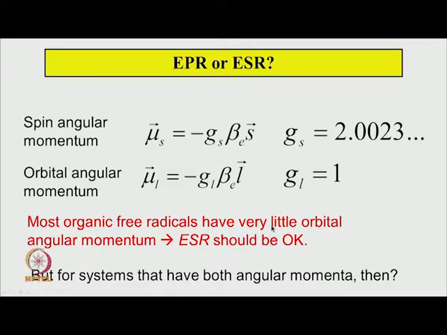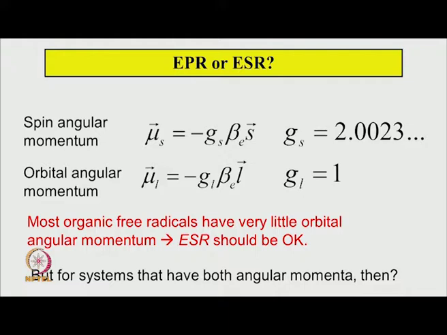Most organic free radicals have very little orbital angular momentum. So, in that case calling them an ESR spectrum should be okay. But a system, for example, which has both motion due to S and L, that is, magnetic moment coming from the orbital motion and the spin motion, what will you call them?